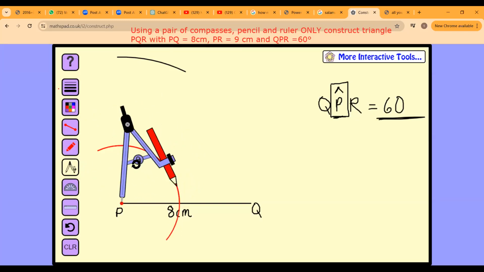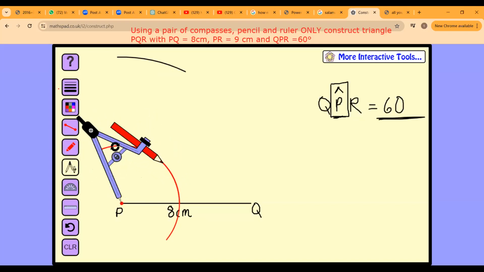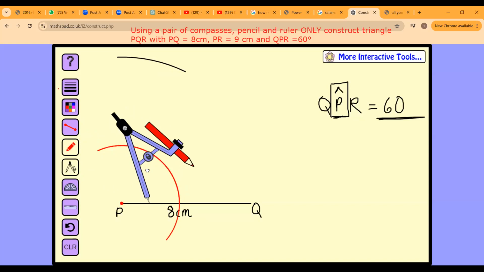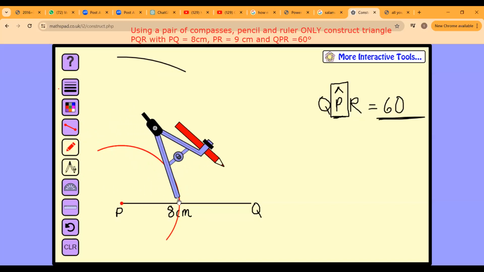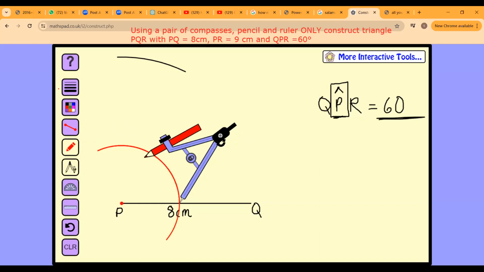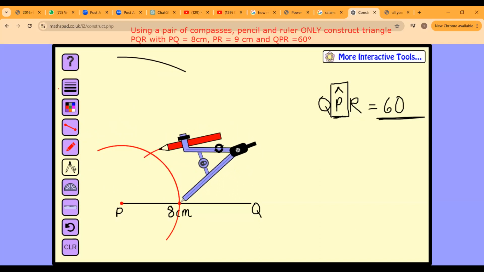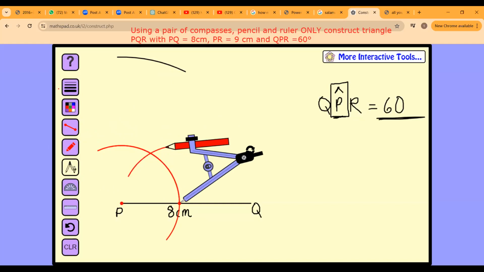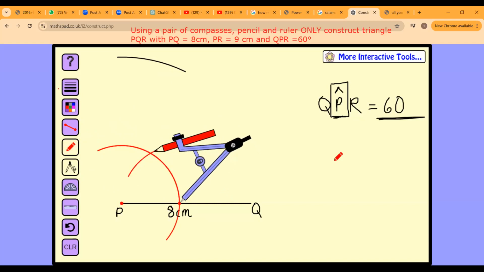After we draw this arc, what else do we do when we're trying to construct a 60-degree angle? Then we put the compass point where the arc intersects the line PQ. Put the compass point right there. And then what do we do after that? Then we draw another arc.